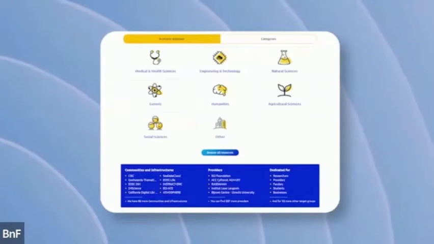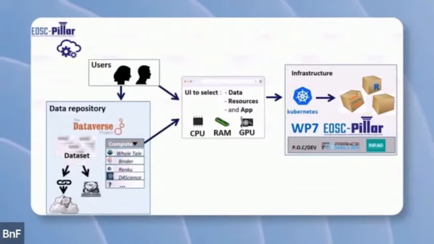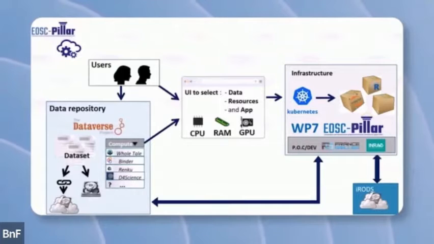EOSC-Pillar helped the agri-food community to leverage existing infrastructures, data resources and services to optimize its workflows. The EOSC-Pillar Use Case 6.3 is based on an institutional data repository, Data INRAE, and illustrates how we can defragment such data repositories, thanks to their integration with the services and resources of the European Open Science Cloud.